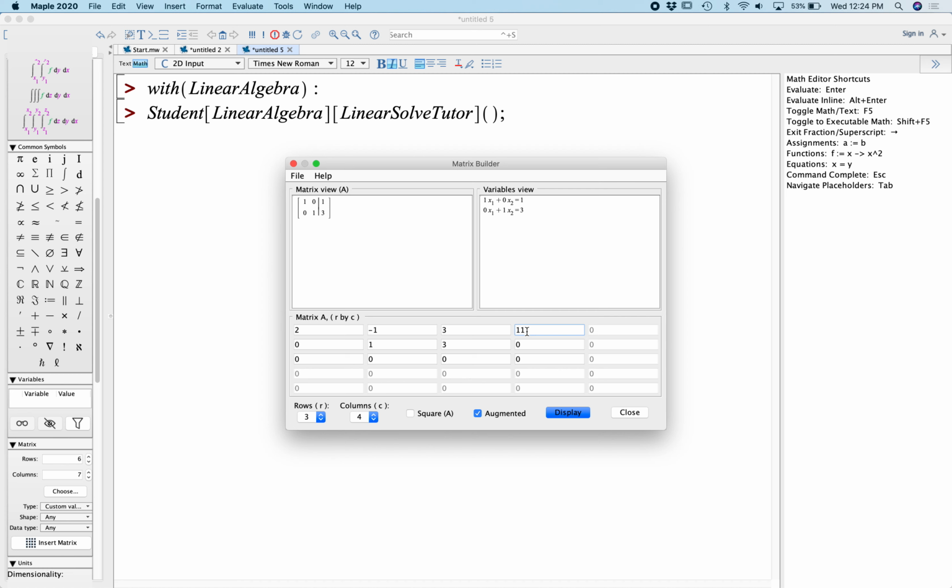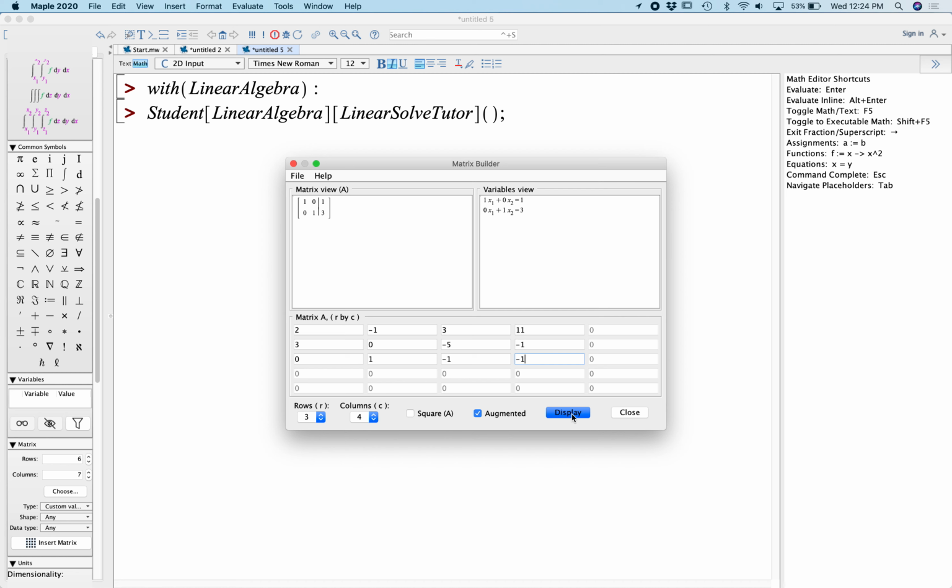We have 3x1, there's no x2 here, minus 5x3 equal to negative 1, and for the last portion, 1 x2 minus x3 equal to negative 1.